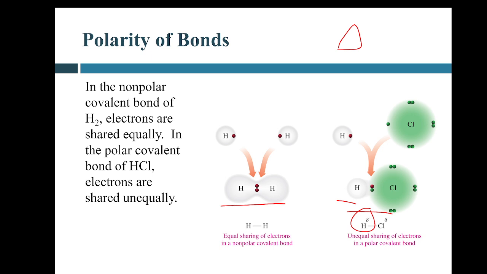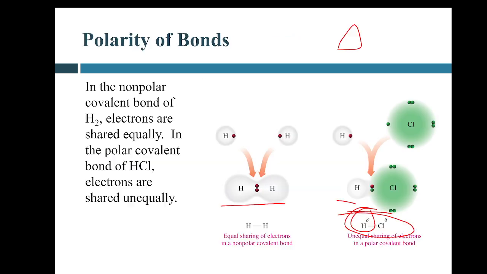Uppercase delta means full changes. Lowercase delta means partial changes. And so in this case, we're going to have partial charges because we're not going to fully lose electrons. So this is one way of representing these partial charges: we put lowercase delta plus and lowercase delta minus.